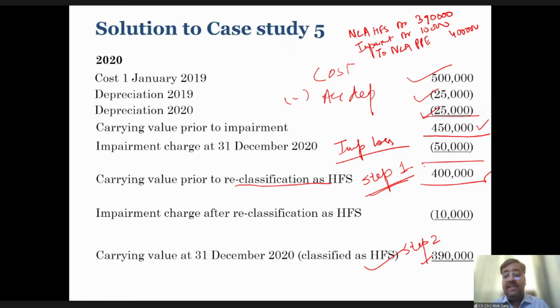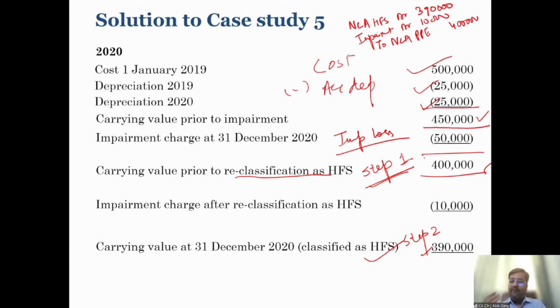Friends, every year you need to compute the carrying value as per Ind AS 16. Whatever is the carrying value, for example, if there is any impairment, your carrying value will change. If there is no impairment and you are applying the straight line method, then every year your depreciation will remain the same.